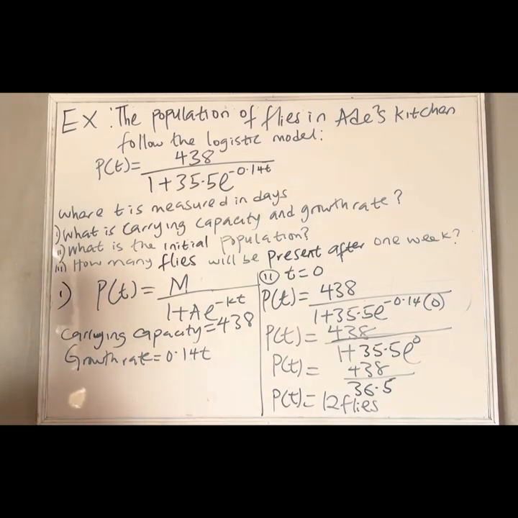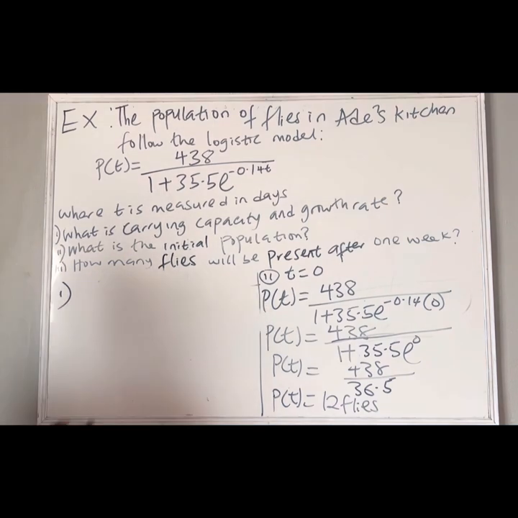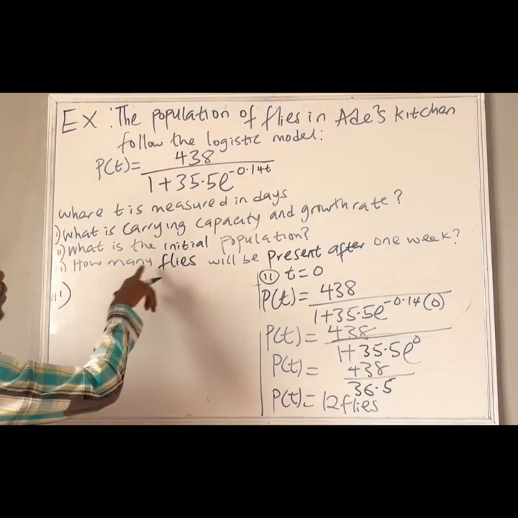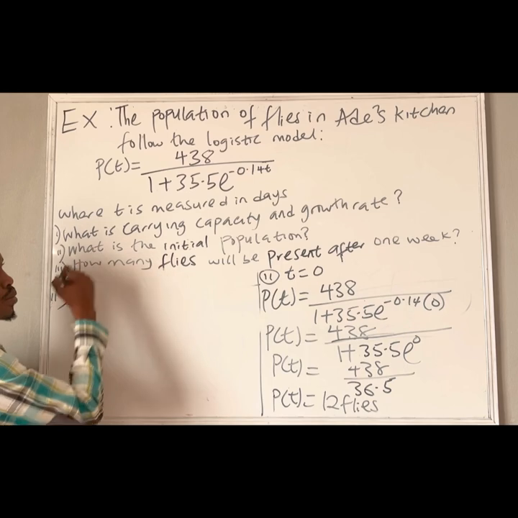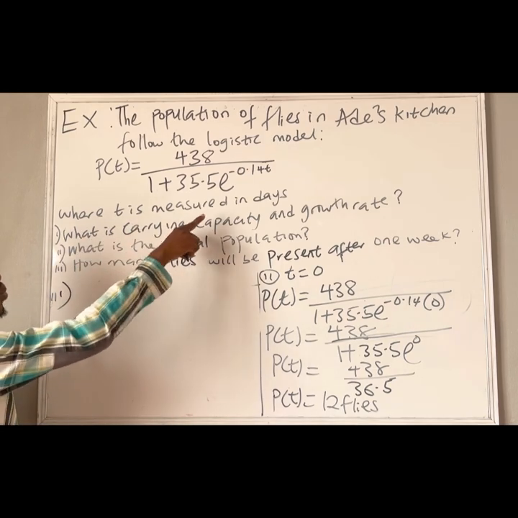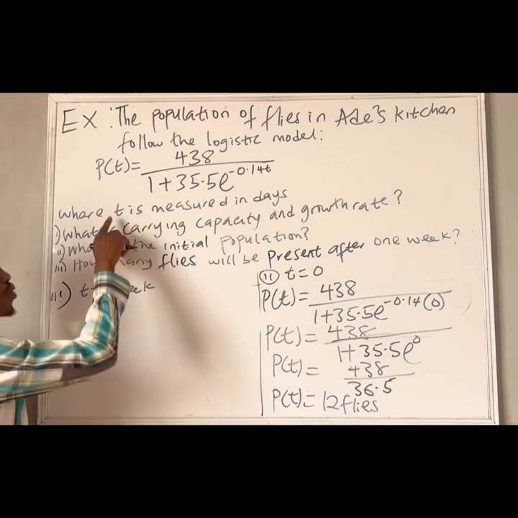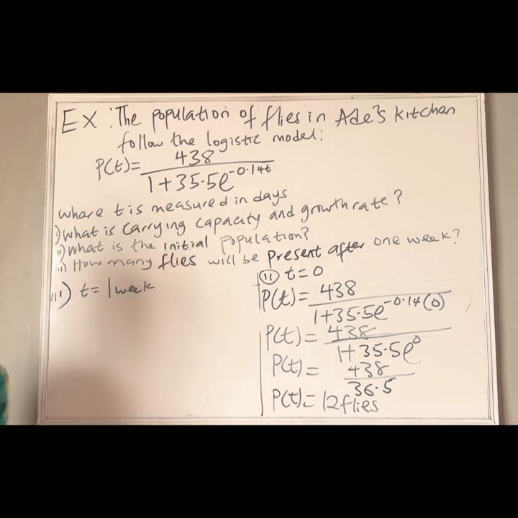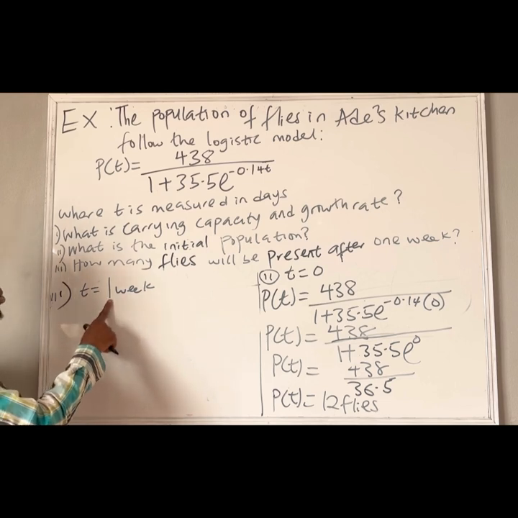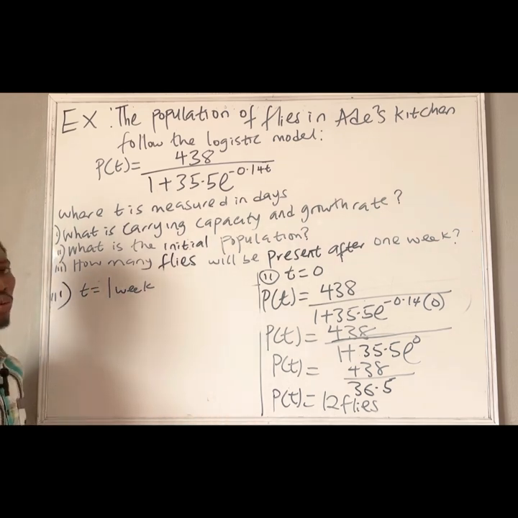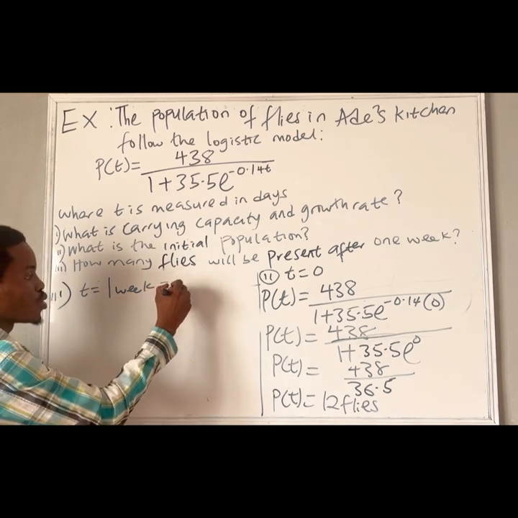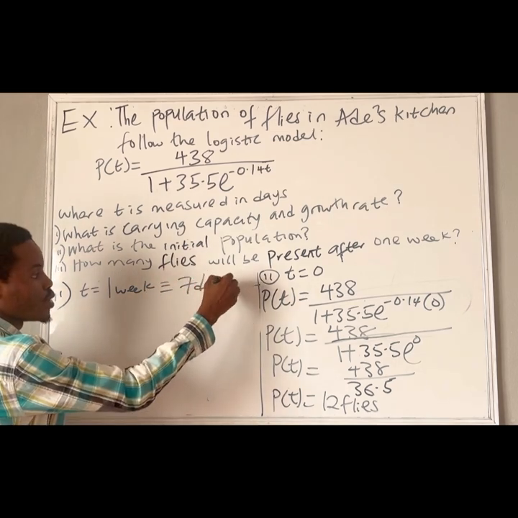How many flies will be present after 1 week? Here, t is measured in days, so our 1 week must be converted to days. 7 days make 1 week, so 1 week is equivalent to 7 days.